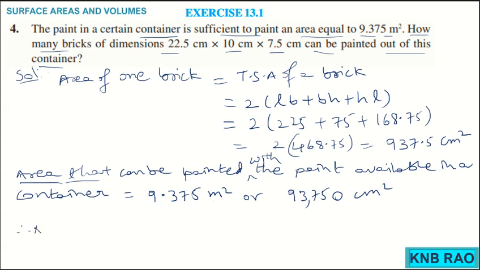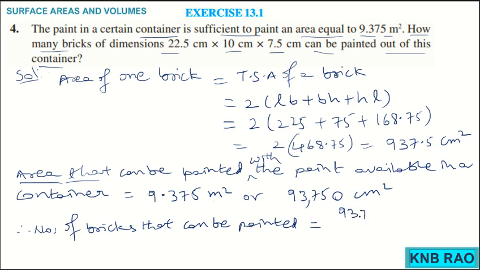Now, therefore, the number of bricks that can be painted is the area that we can paint with the container, 93,750, divided by 937.5. You know how to simplify this. If you remove this point, you have to multiply by 10.